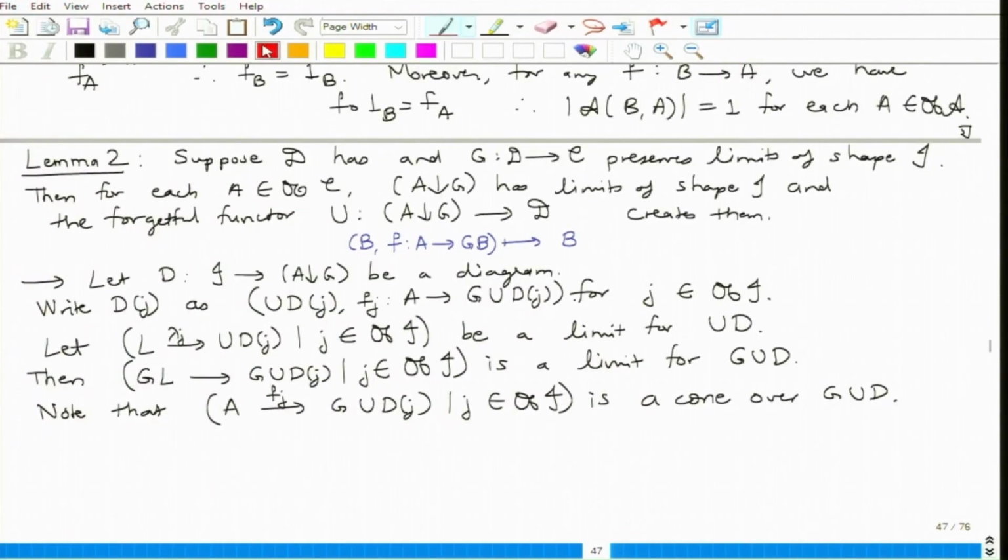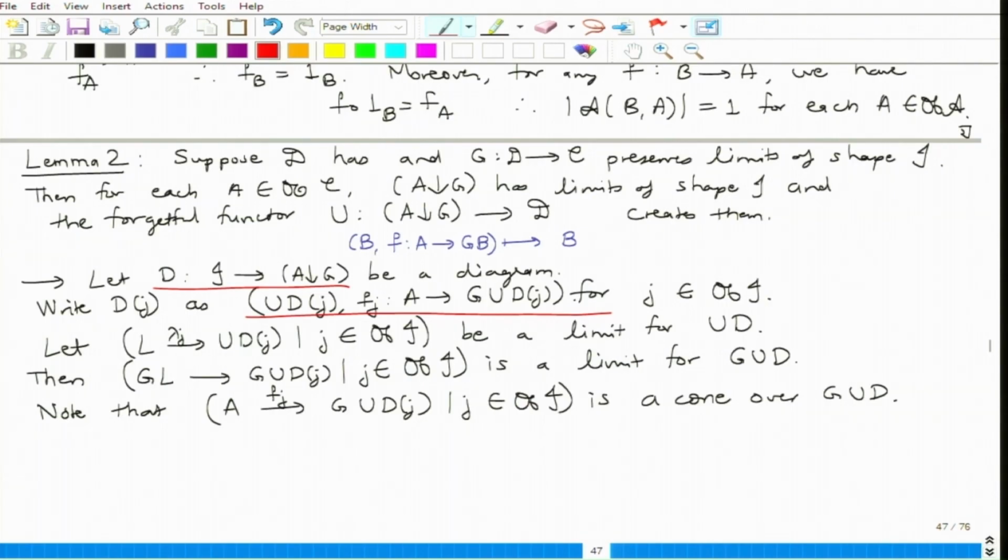I'm just going to highlight it, that by this and this, this is actually a diagram. What is F sub j? F sub j is a morphism from A to GU dj in category C. We always have that, it's an object B comma F, you remember, for the arrow category.